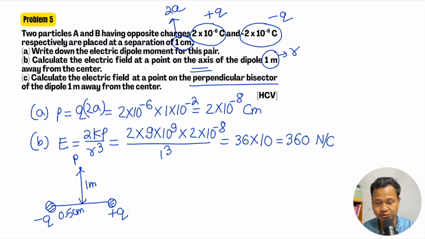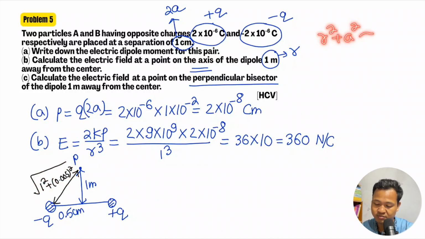Here we need this distance. The formula is root over r square plus a square, as in the derivation. So here you have 1 square plus 0.005 whole square in meters. Comparing the values, 1 square to 0.005 square, r square plus a square is approximately r square.